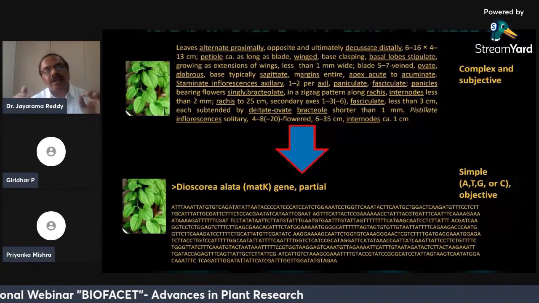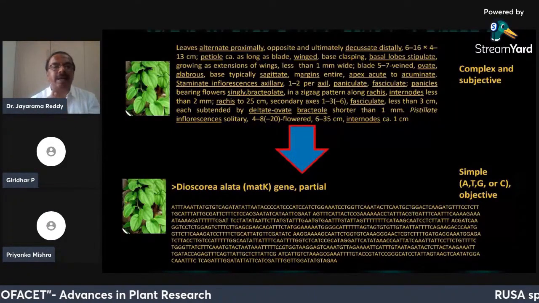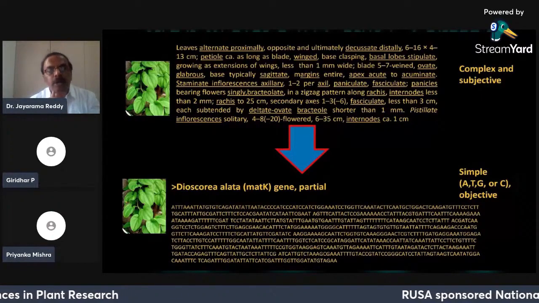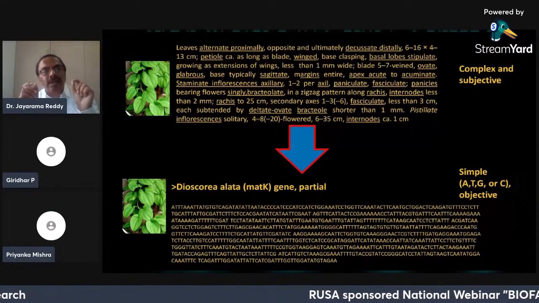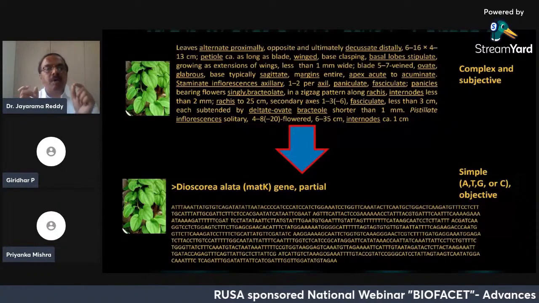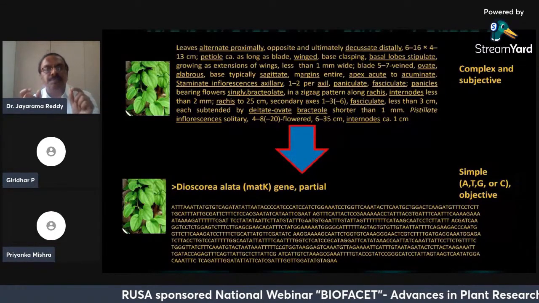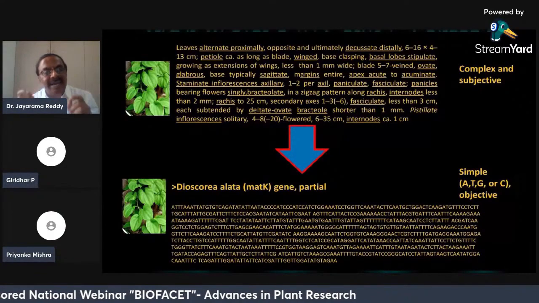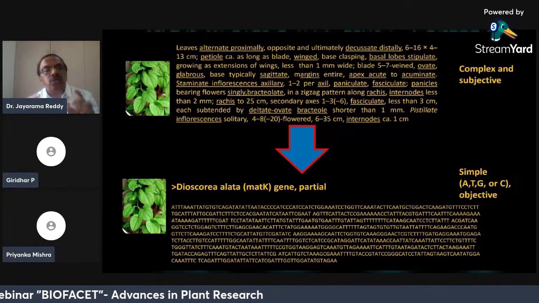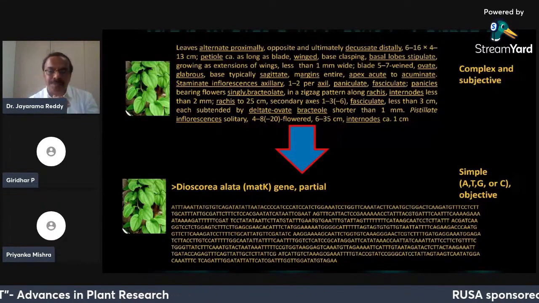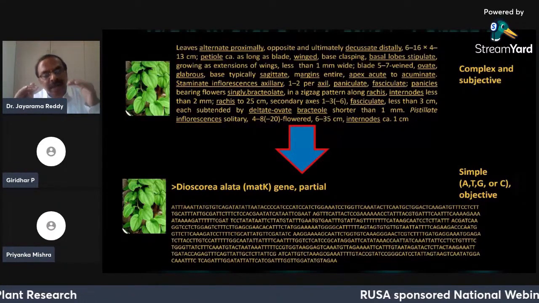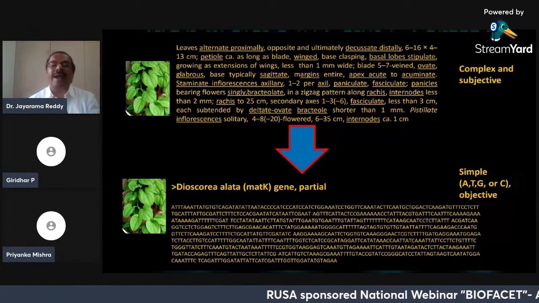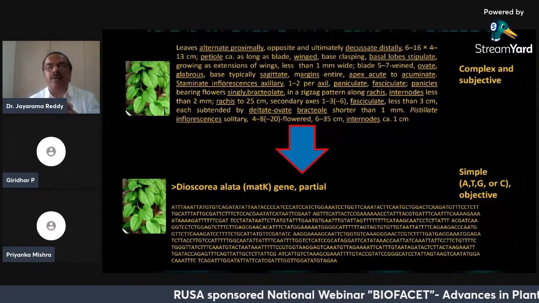Let us come to the plant DNA barcoding method. What we are doing is we are only collecting a small amount of DNA, a small amount of gene, and we are barcoding it. And we are identifying the plant based on this DNA segment. That is the biggest advantage of plant DNA barcoding.